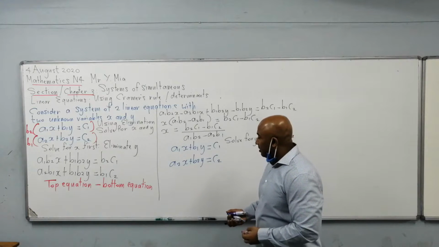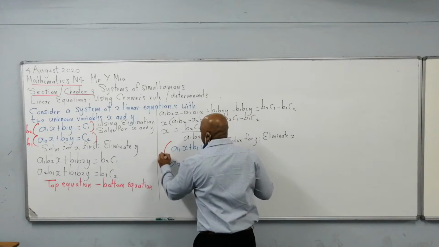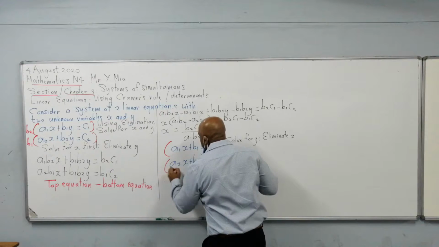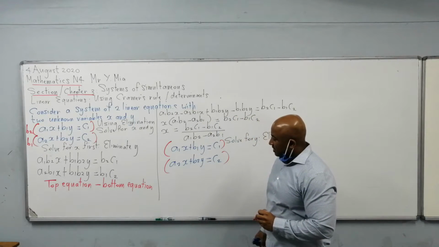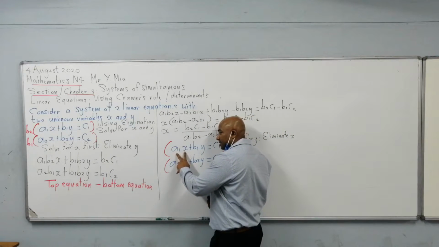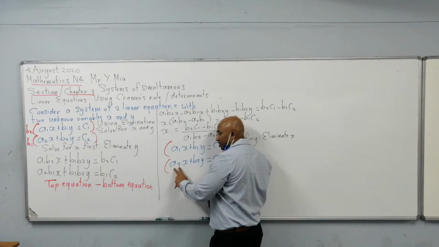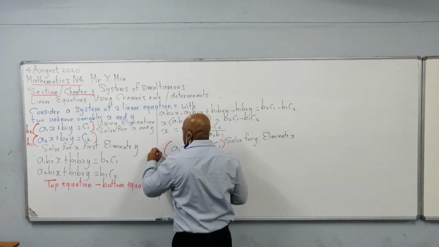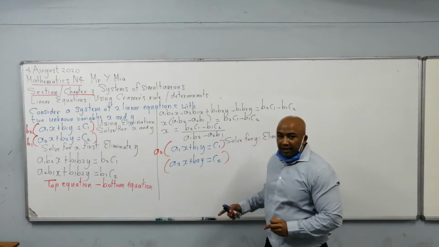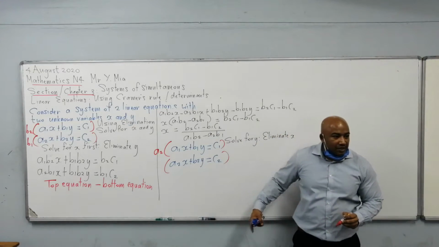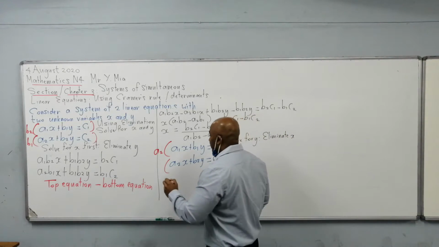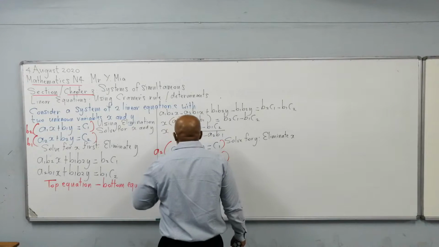Okay, it's the same process. So there's my top equation, there's my bottom equation. So I multiply the top by the coefficient of x in the bottom, which is a2. And then I multiply the bottom equation by the coefficient of x from the top, which is a1.